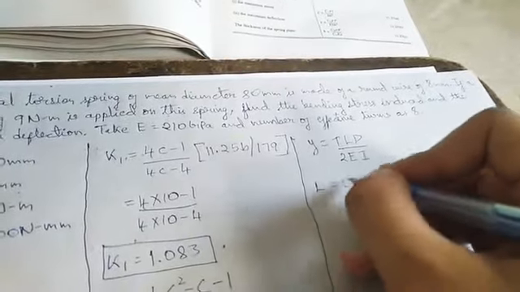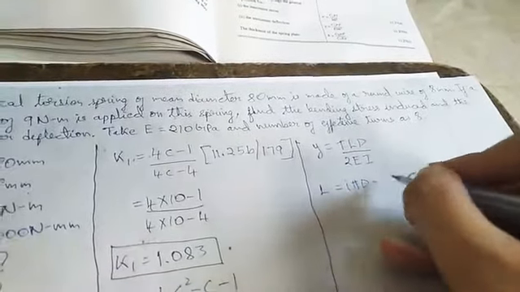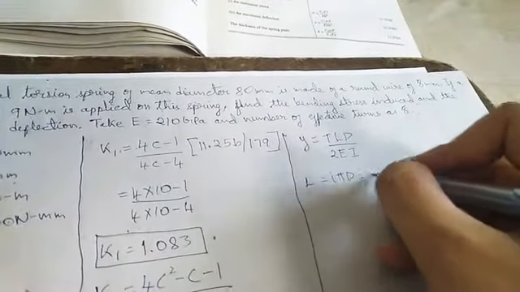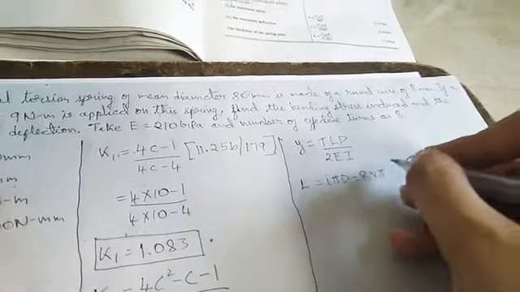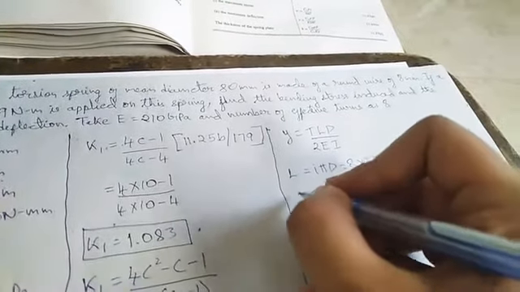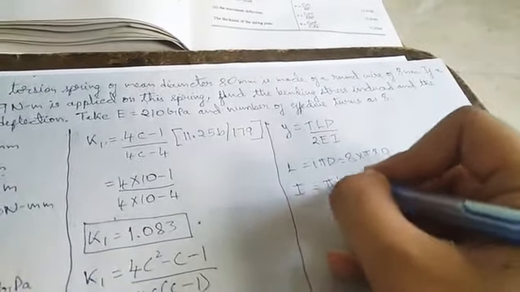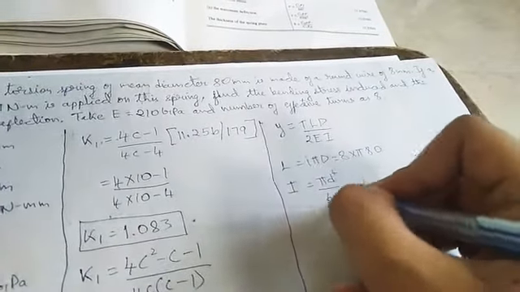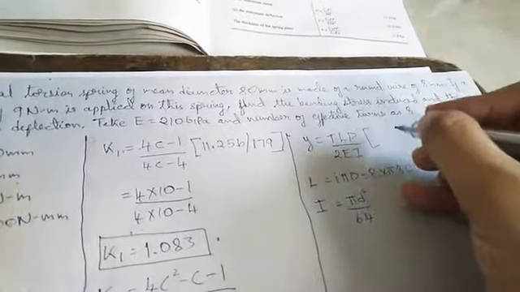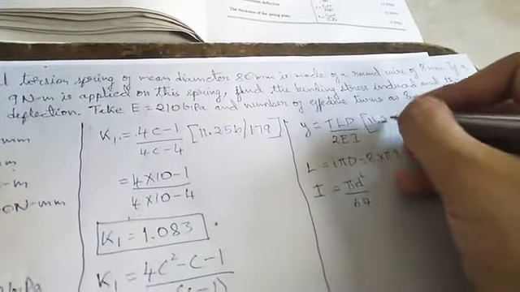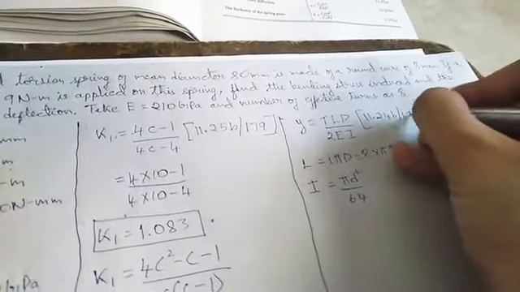For L it is i pi D, so i is 8, pi into 80. Moment of inertia I is equal to pi d power 4 by 64. This formula is obtained from 11.24B, page 179.